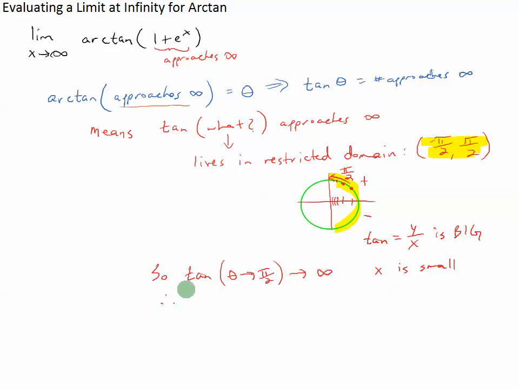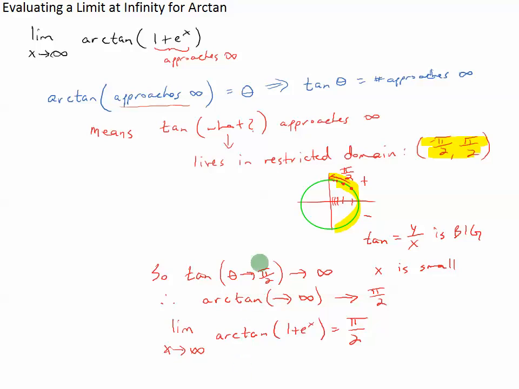In other words, the arctan of numbers that approach infinity is the angle itself that approaches pi over 2. And this is what we want, right? I want the arctan of this thing that approaches infinity, and it approaches pi over 2. So the limit as x approaches infinity of arctan of 1 plus e to the x is in fact pi over 2.